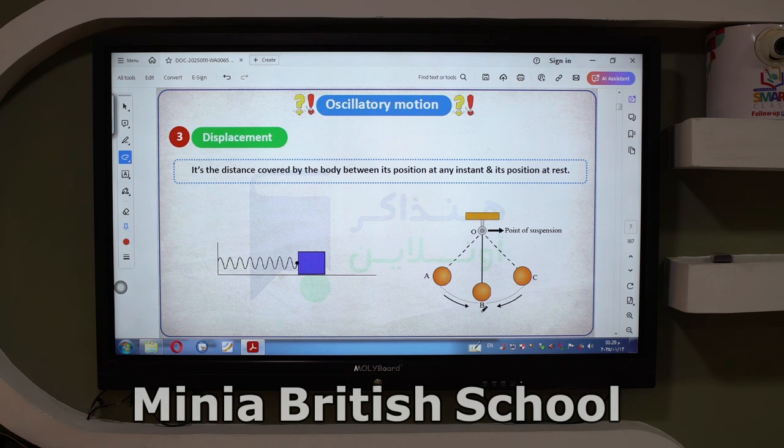We start our motion from the rest position, but any point here on this path may make a displacement, not the maximum displacement or amplitude, but any point here or on the other side at A, P. We can say that this is a displacement. So the distance covered by the body between its position at any instant and any other point is called displacement.